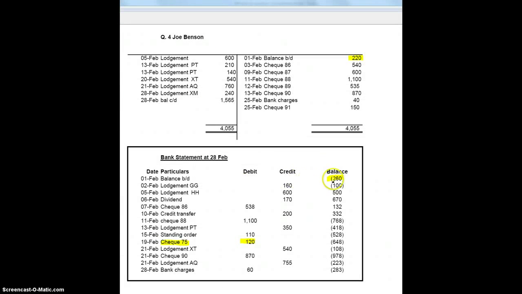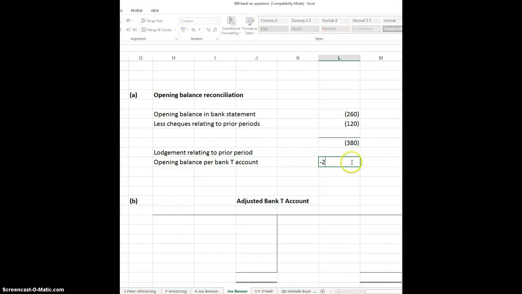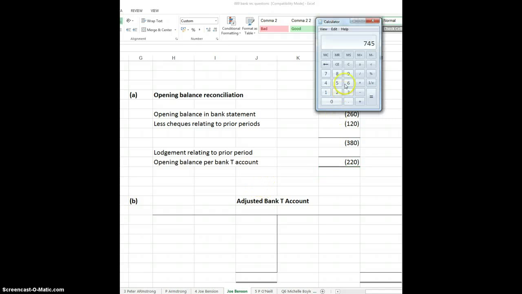We're reconciling this 260 to 220 here. So we want to finish up with the opening balance for the T account of 220. The difference between 220 and 380 is 160. So hopefully there's a lodgement of 160 at the start of the month.